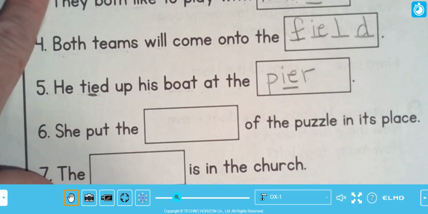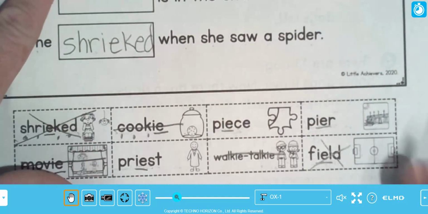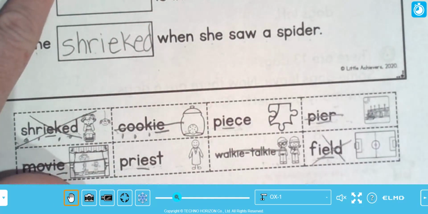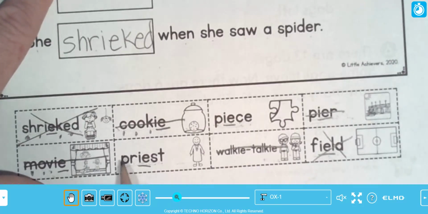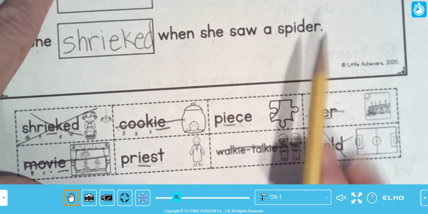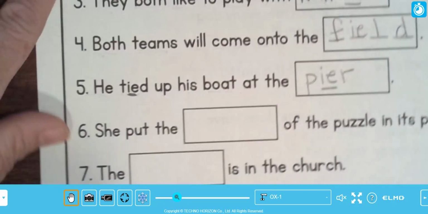If you've already finished, we're going to move on. And we're going to cross out the word pier. And let's see what we have left. We have peace, which is the puzzle. Peace, priest. Okay, so those are the two we have left.